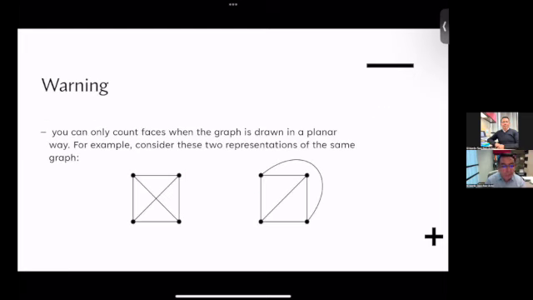And then we can, of course, be careful again when having something like that. We can only count faces when the graph is drawn in a planar way. Of course, if we consider these two representations of the same graph, we are going to get different numbers of faces.